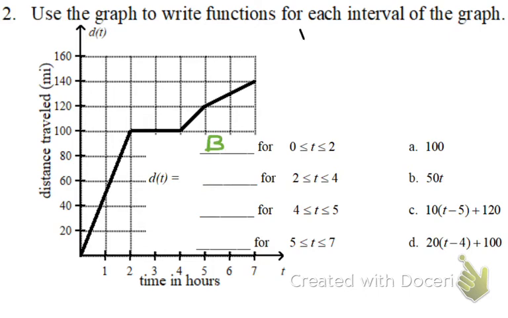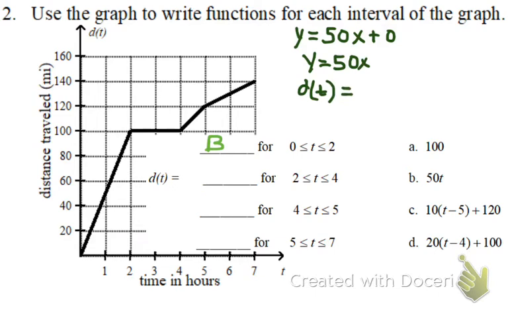So you can write that as y equals 50x plus 0, or y equals 50x, and then if we rewrite that in terms of d's and t's, we'll have d of t equals 50t. For the second piece of the graph, that's that constant piece, that's 100. So d of t equals 100 for that portion.